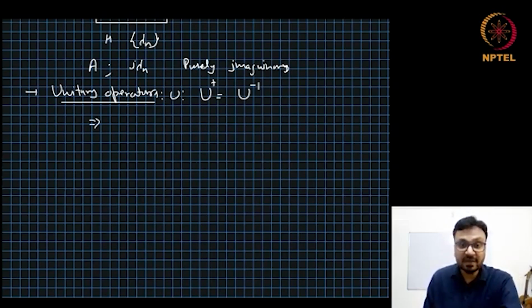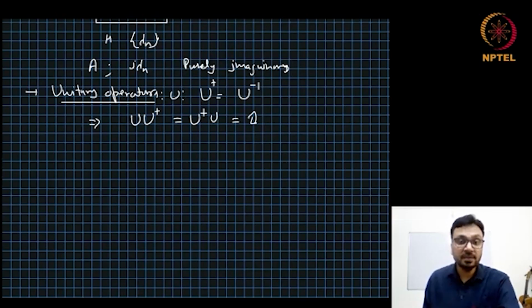Or, in the more familiar way of writing, U times U dagger equals U dagger times U equals identity. Let me restate it: U U dagger equals U dagger U equals identity. If only one of the conditions is satisfied, not both, then it need not be a unitary operator. For a unitary operator, both conditions must be satisfied, that U U dagger and U dagger U are the identity.